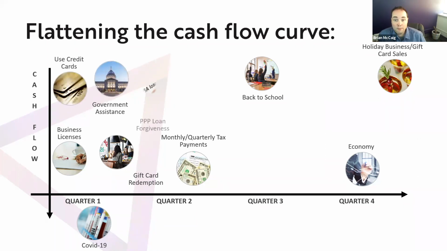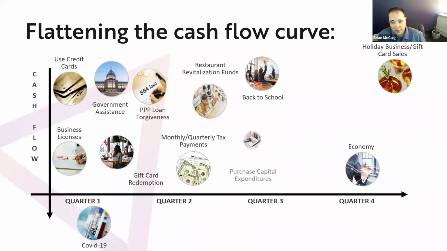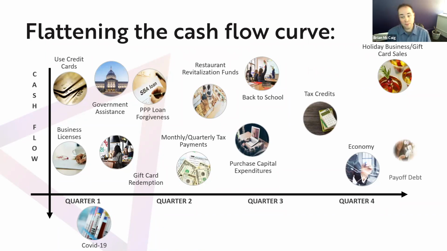When am I going to dip into my line of credit? When will that tax credit hit? Do I have any control over that? When should I invest more in my business? When should I buy more of those capital expenditures that may hit my balance sheet and not necessarily my P&L, but either way have an impact on my bank balance, either way have an impact on my actual cash.